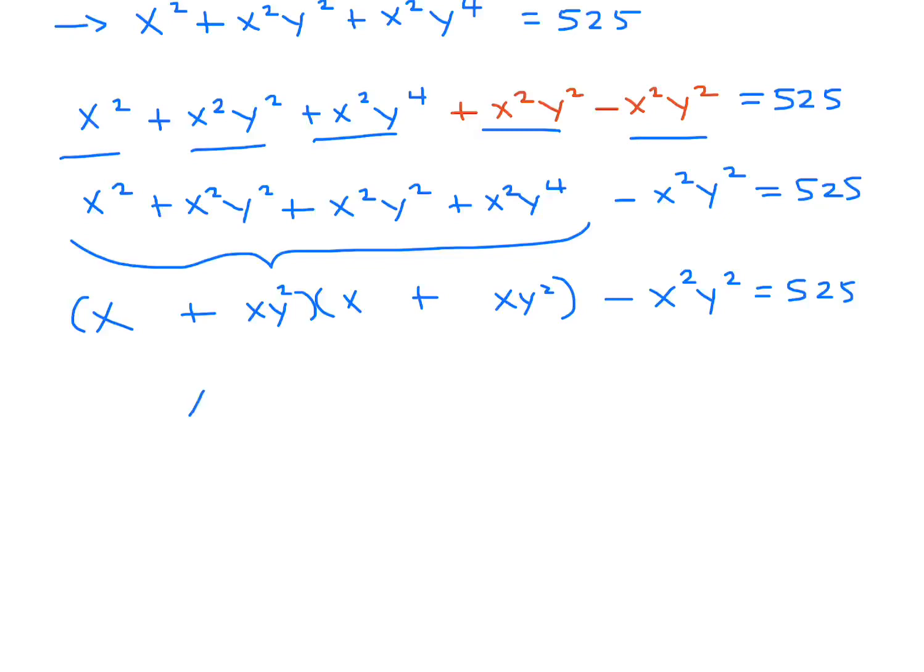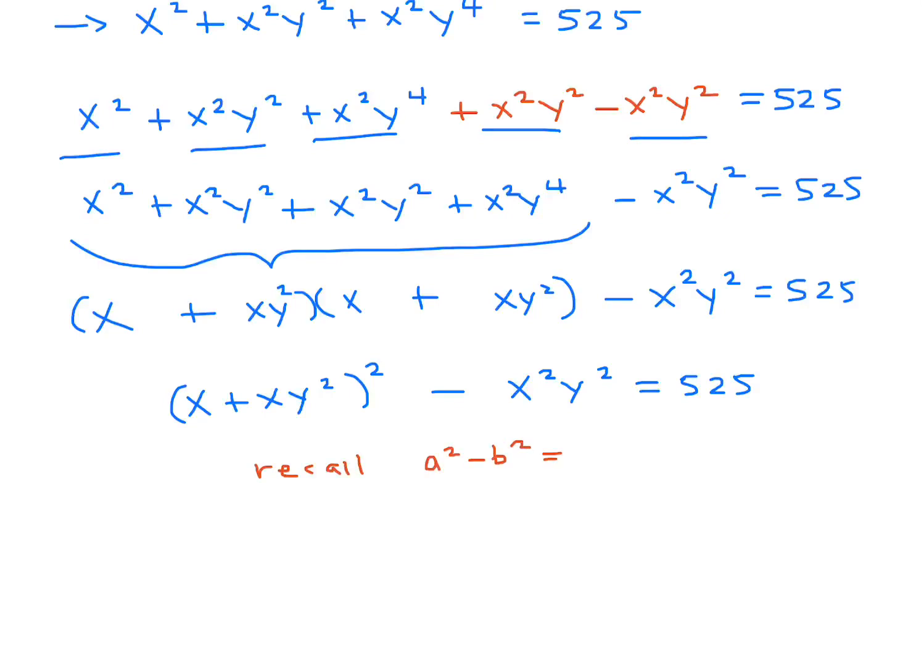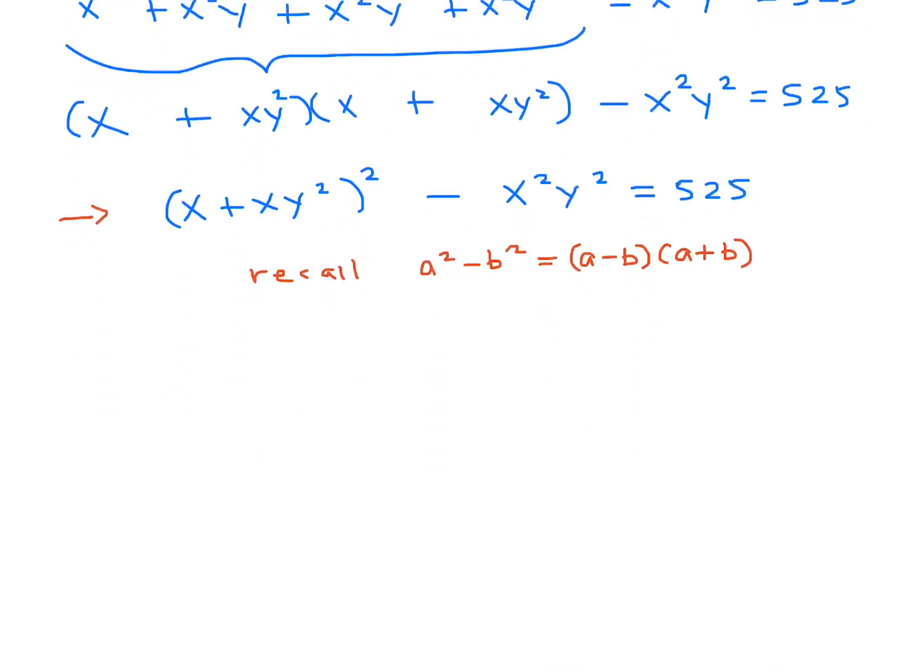Now we have x plus xy squared, all squared, minus x squared y squared, like this, 525. And at this point, I hope you recall that if you have a squared minus b squared, that is equal to a minus b times a plus b. And that is what type of form that equation is in.